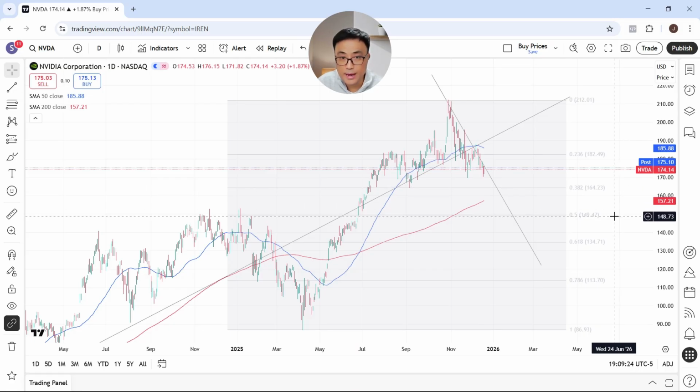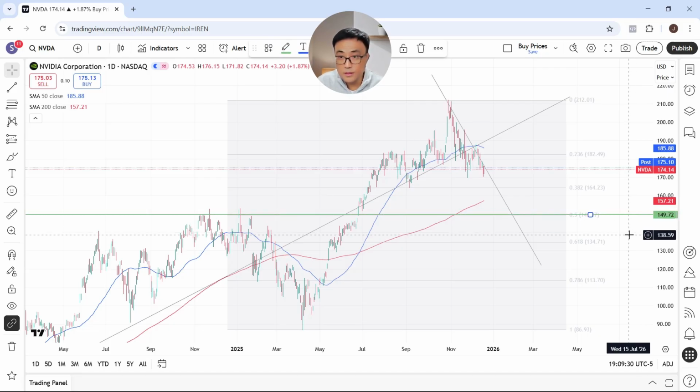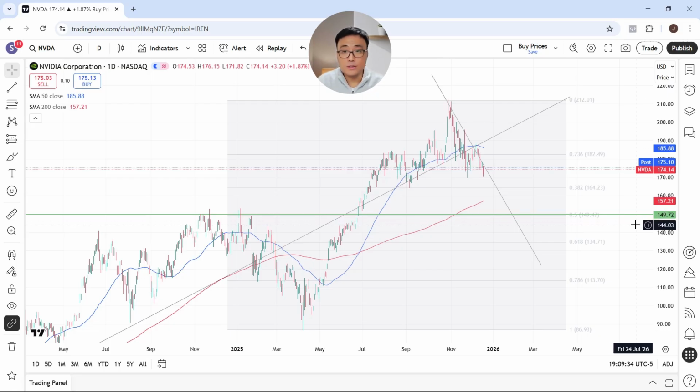And then perhaps somewhere at the 0.5 level. And that's at 150. 150 is a great number. That's an even, well-rounded number, a psychological level that people are quick to just say, oh, this is a good level to buy, 0.5.